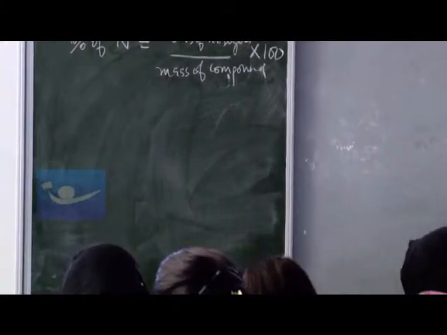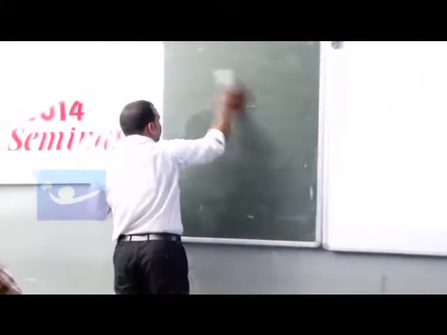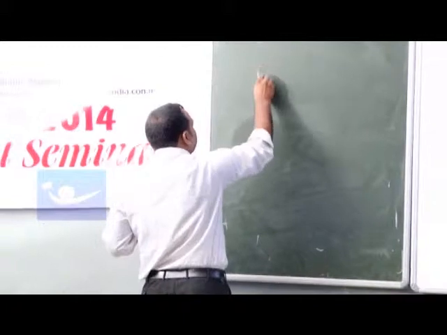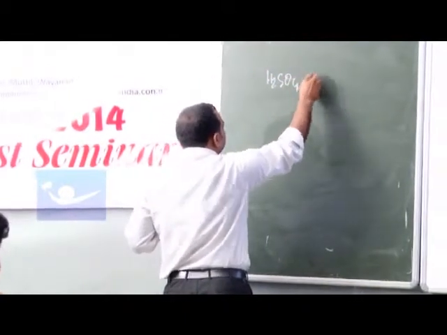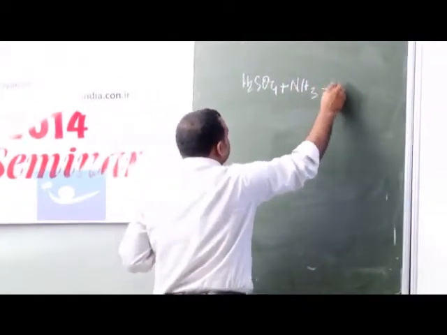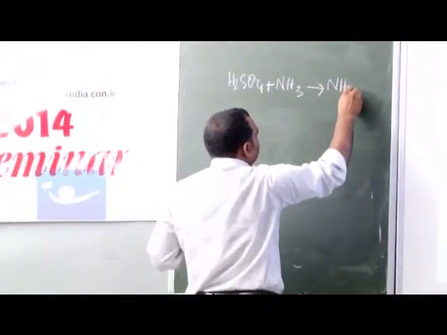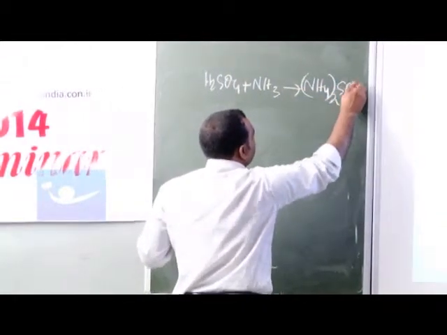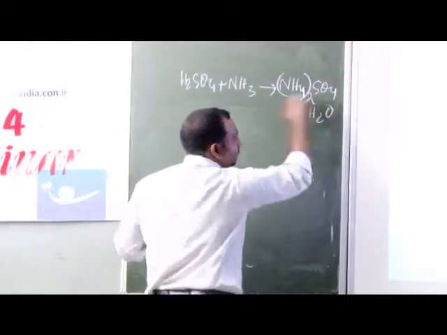And the strategy we use is, we take some sulfuric acid of a particular molarity, H2SO4, and it will be treated with NH3 to give (NH4)2SO4 plus H2O, right?